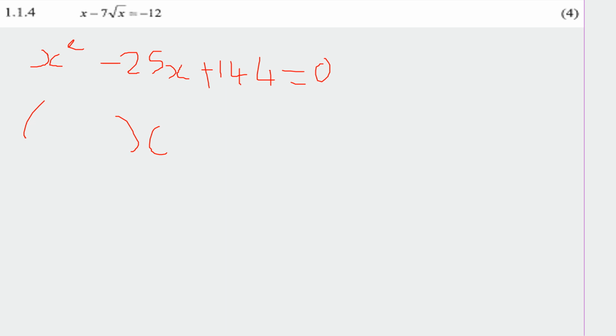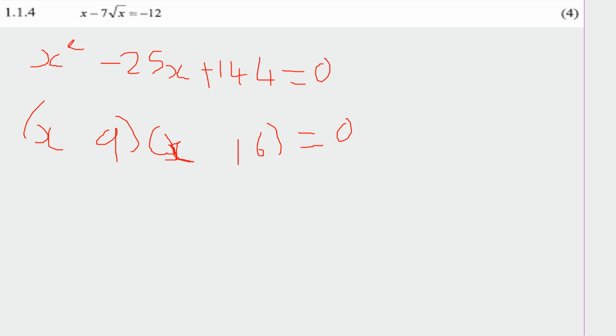Remember, when you factorize, you look for factors of the last term that, when you add them, will give you 25. So now the factors will be x here, and then we have 16 and 9. When you multiply 16 and 9, it gives you 144. But when you add them, it also gives you 25. So you can put 9 and 16 anywhere. You put it like this.